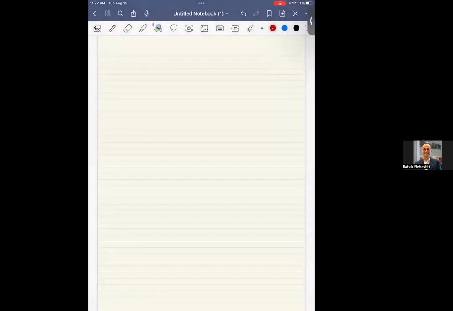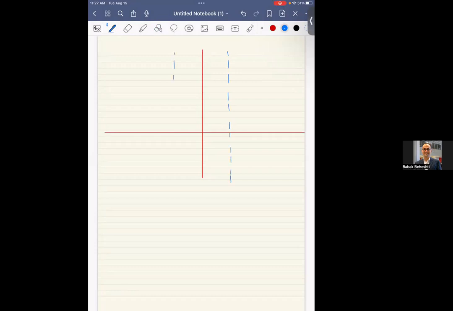So I want to look at the tangent function. It has many vertical asymptotes, infinitely many.